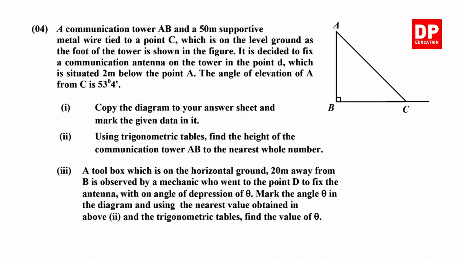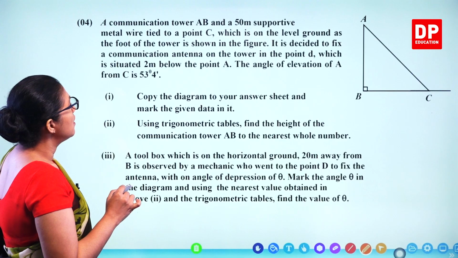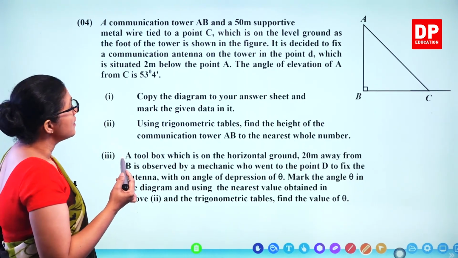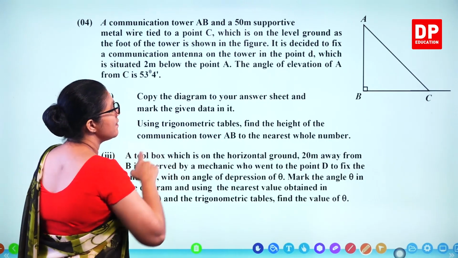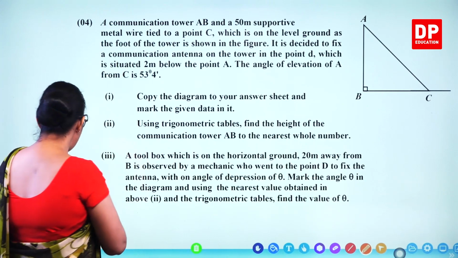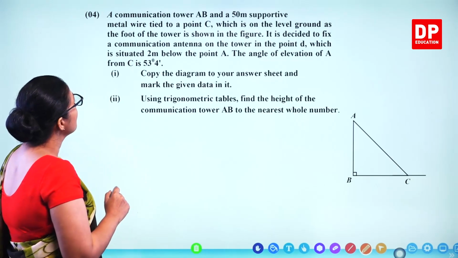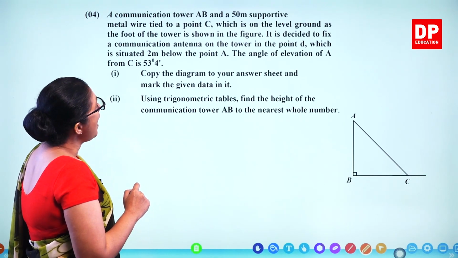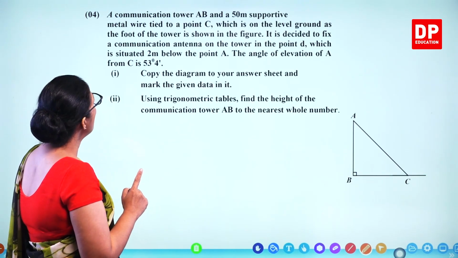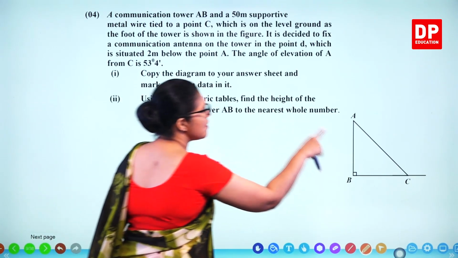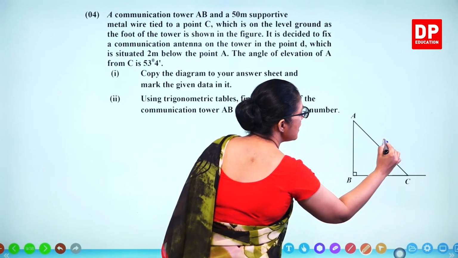Question number 4. So this is about a diagram, angle of elevation. You have to draw the diagram and find the lengths using trigonometric tables. So 3 parts are there. A communication tower AB and a 50-meter supportive metal wire tied to a point C. So this is the metal wire, 50 meter.